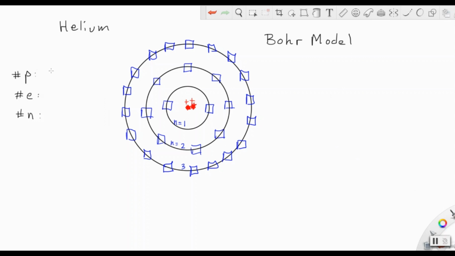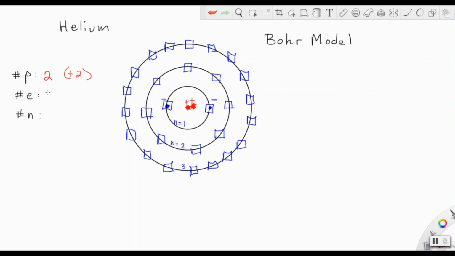So we have now two protons, right, for a total charge of +2. And then for a helium atom, in its basic form, it wants to have two electrons. We're going to go ahead and put two electrons there, right?